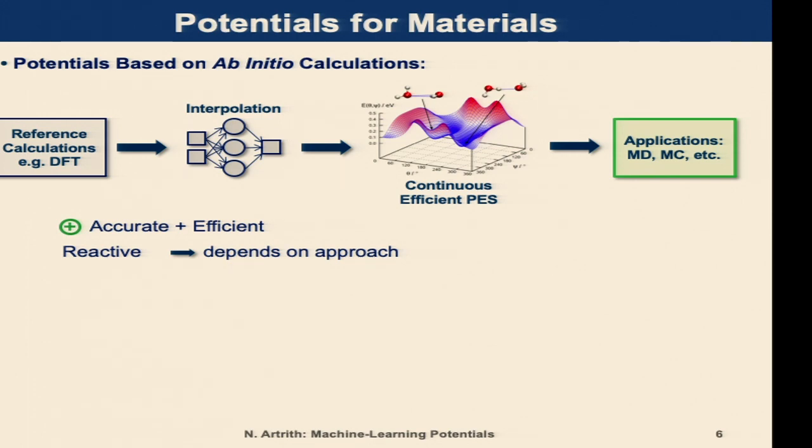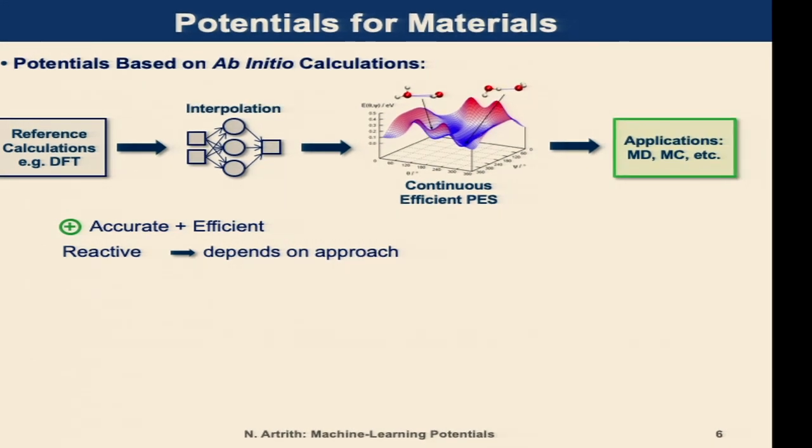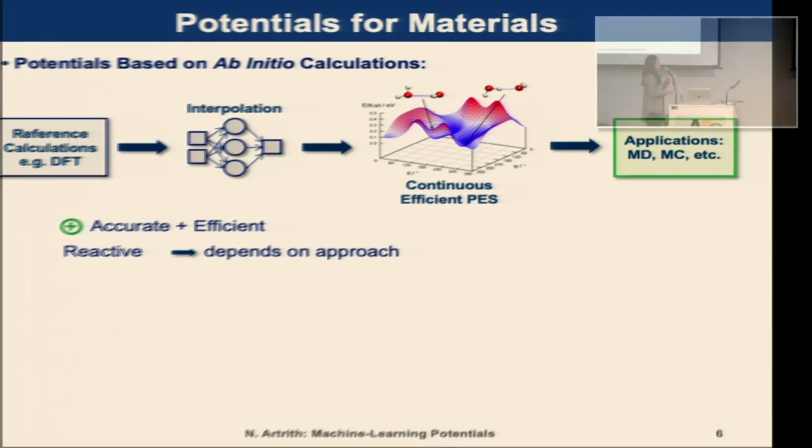Then we use machine learning to interpolate, construct the potential energy surface, and directly use it in MD or MC or other tools that you would like to use for your simulation.